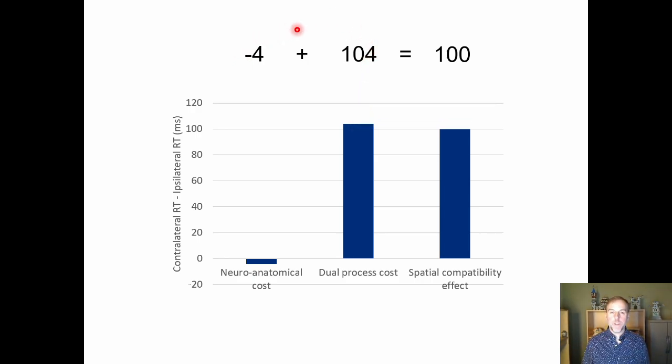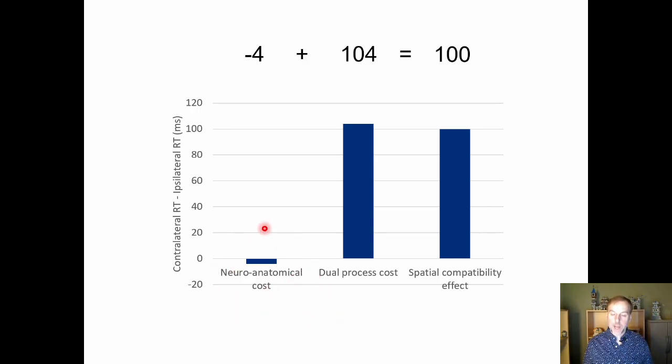So what we're seeing are these 2 costs combined. We have this -4 cost, and we have this positive 104 millisecond cost. In the end, that gives us this 100 millisecond cost, which is the spatial compatibility effect. So yes, neuroanatomy is a thing, but it's a drop in the bucket of this dual process cost, and it's actually even in the wrong direction.